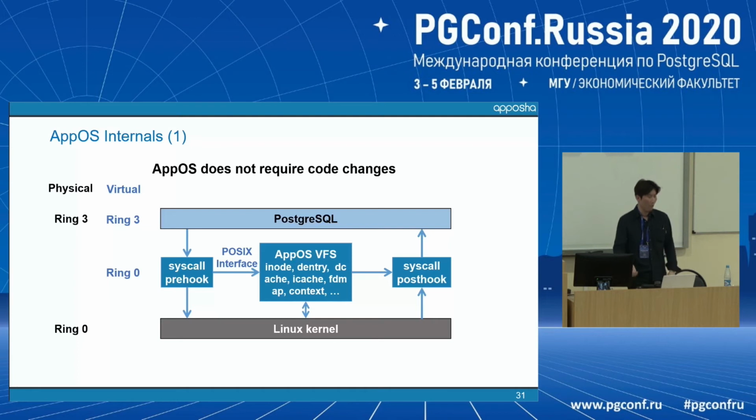And the OS should run on ring 0, so that the OS can execute privileged instructions, right? So we added the virtual ring. PostgreSQL runs on ring 3 and AWS runs on ring 0. And we use this information to correctly handle signals.